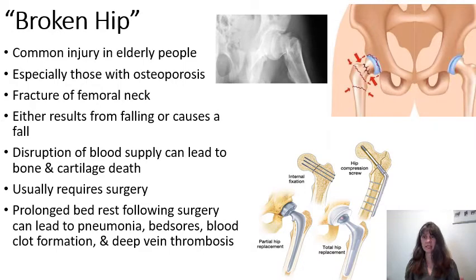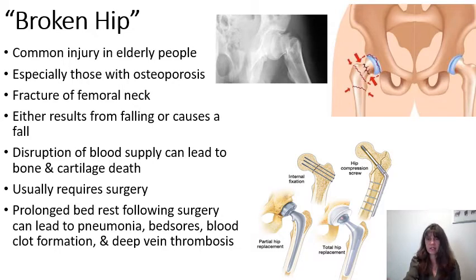Sometimes falling will cause the fracture, but more times than not, the neck of the femur fractures, which causes the person to fall. The disruption of blood to the bone can cause the bone and the articular cartilage to die, and most always requires some form of surgery to heal the broken area.